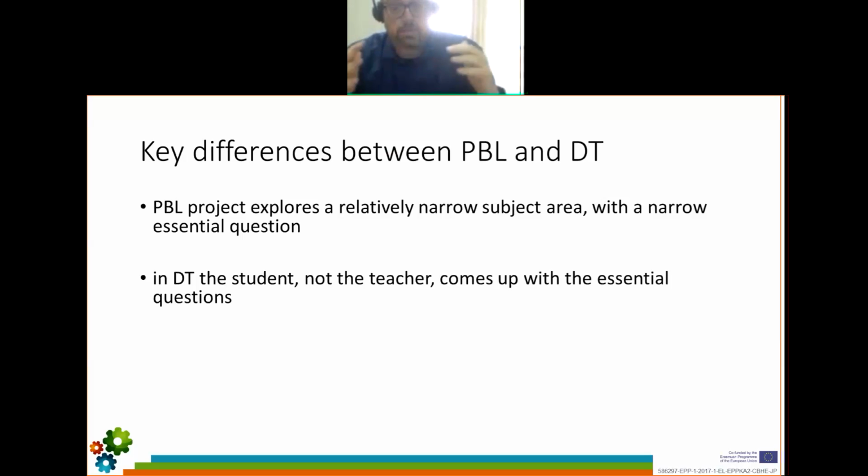So basically, it's the student who comes up with the actual problem to solve. The basic situation is the same for everyone, but how you actually analyze the situation and how you see what the problem is in this situation is very much up to the students themselves and not the teacher.